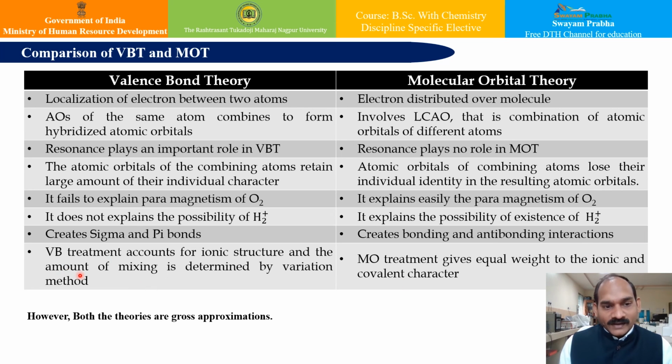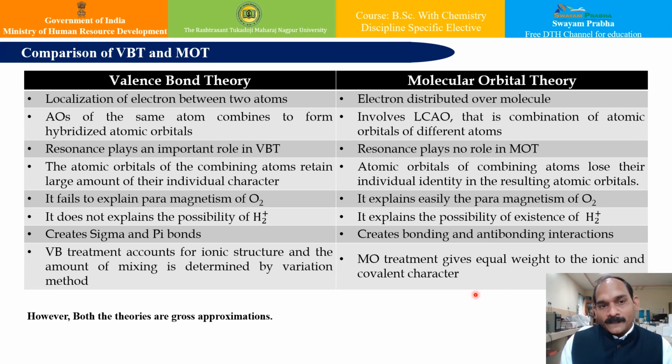In valence bond treatment, it accounts for the ionic structure and the amount of mixing is determined by the variation method. Whereas in molecular orbital treatment, it gives equal weightage to ionic and covalent character.